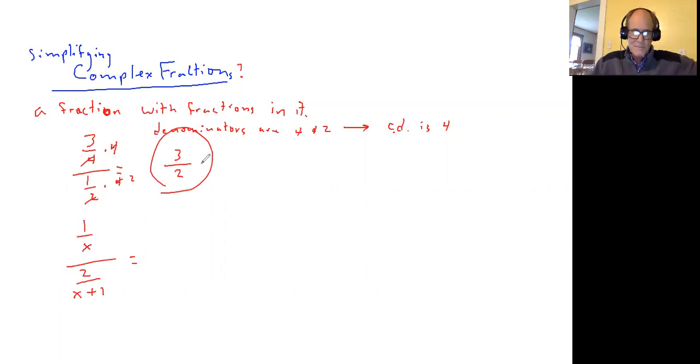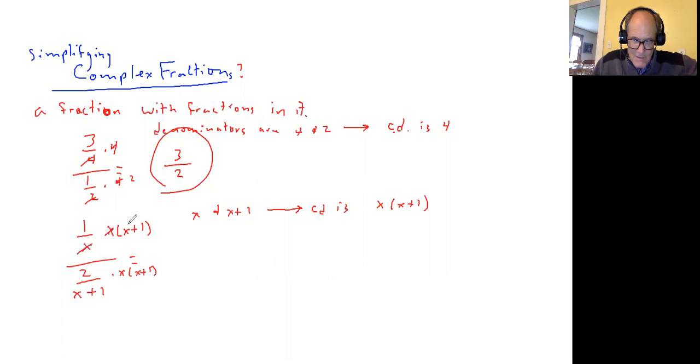Same thing here. I look at my denominators. My denominators are x and x plus 1. Well, they don't have anything in common, so my common denominator is x times x plus 1. So I multiply times x times x plus 1 in the numerator, and multiply times x times x plus 1 in the denominator.